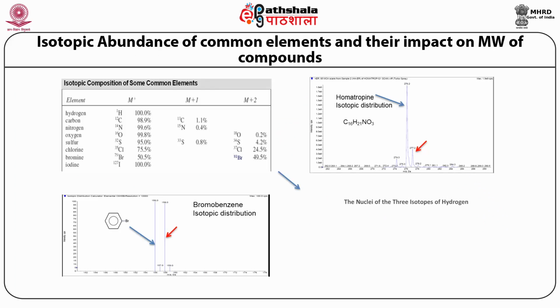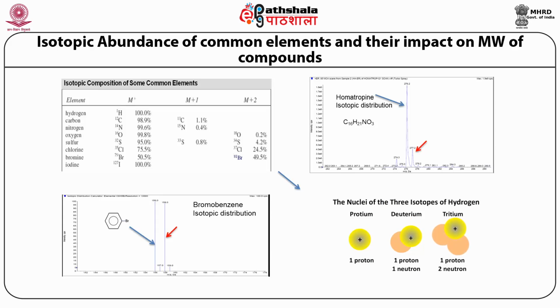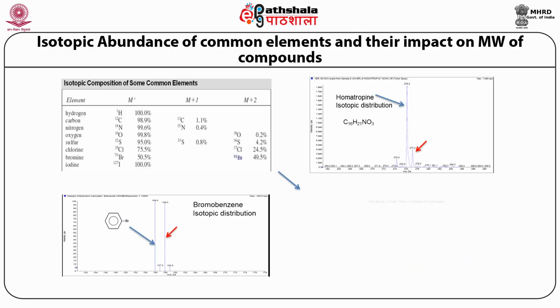So now I am trying to explain how important the resolution of the mass spectrometer is. Here, isotopic abundance: we all know isotopes are the same element existing with different molecular weights but the same atomic number. Here you see hydrogen having 1 proton, deuterium having 1 proton and 1 neutron, and tritium having 1 proton and 2 neutrons.